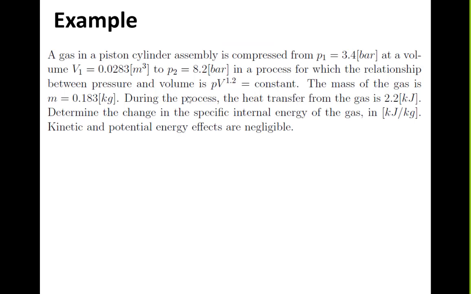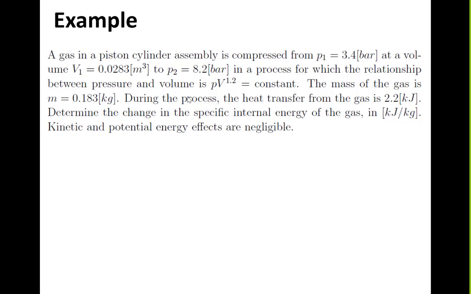It says a gas in a piston cylinder assembly is compressed from one pressure at a particular volume to another pressure in a process for which the relationship between pressure and volume is PV to the power of 1.2 is constant.